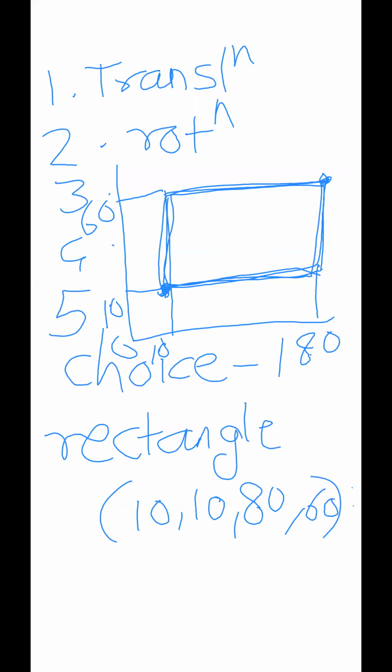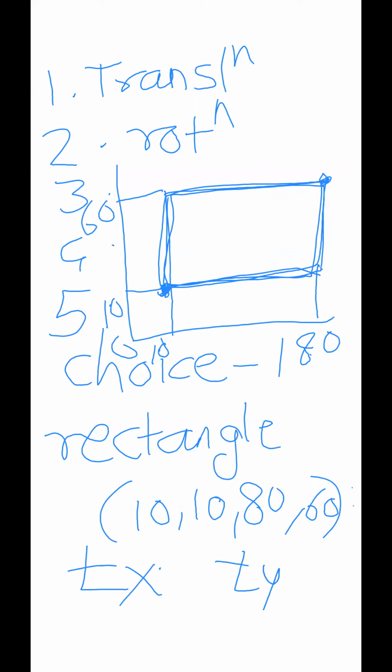The original points are there, that is 10, 10 and 80, 60. That is the original rectangle object you have drawn on the screen. Next, you have to shift that object to a new location. Shifting of the object requires the translation along the x-axis, that is tx, and the translation along the y-axis, that is ty.